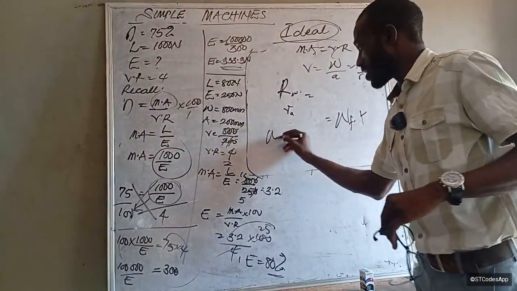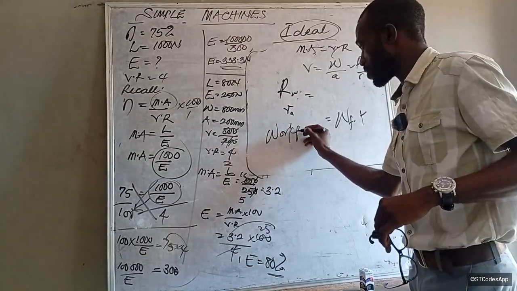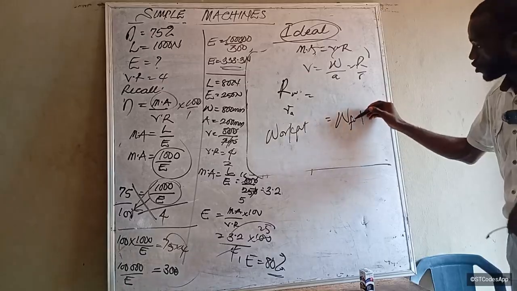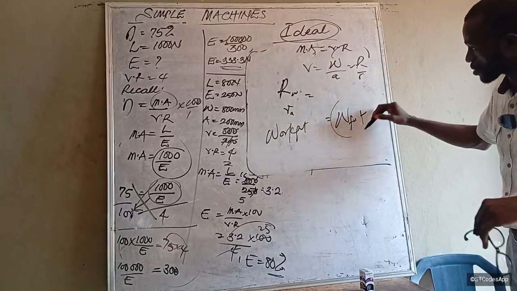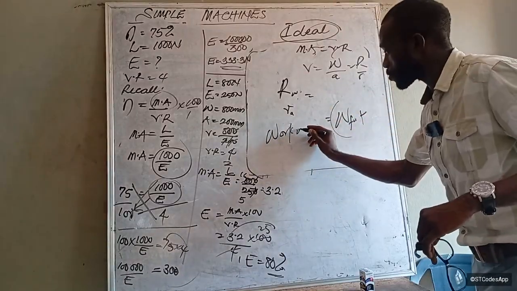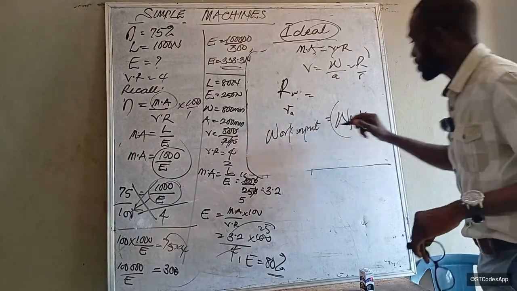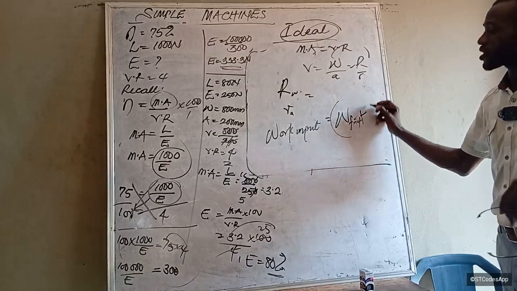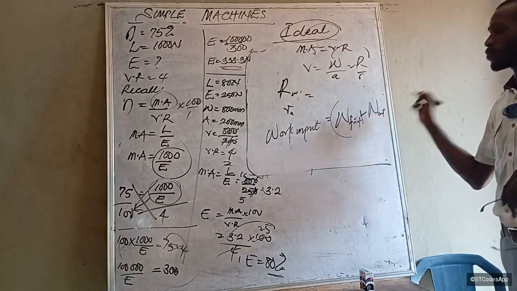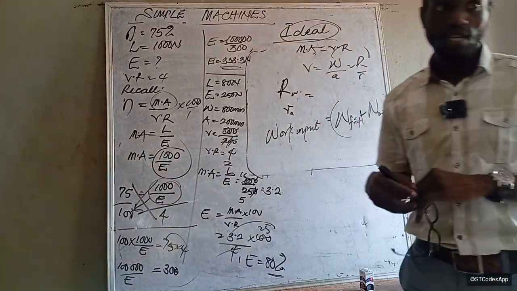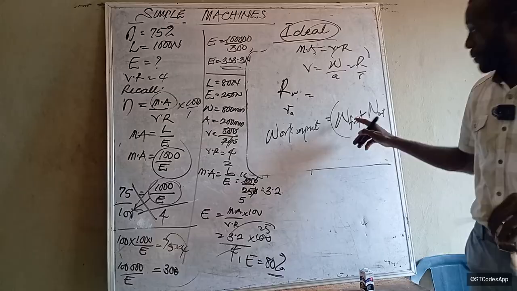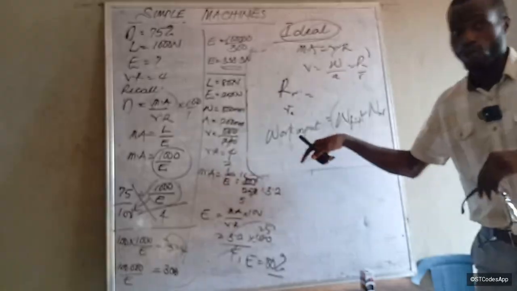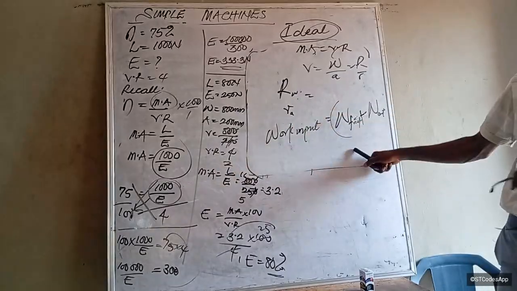If they ask you to calculate the work input, it will be the work done to overcome friction first, plus the work output. Exactly. Because the work input will have to first overcome friction.